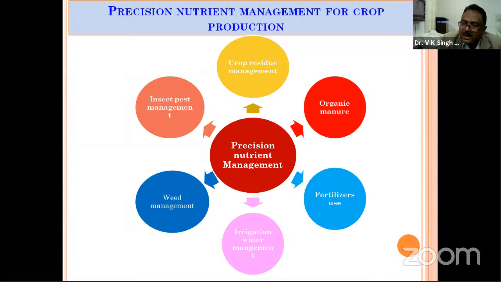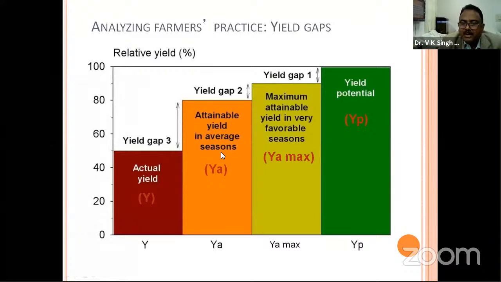It's not only the termite problem, the other things like insect pest disease and the role of sulfur in crop production also relate to it. So this is also a very important component. All these factors we keep in mind.